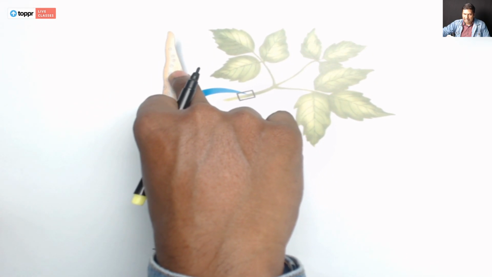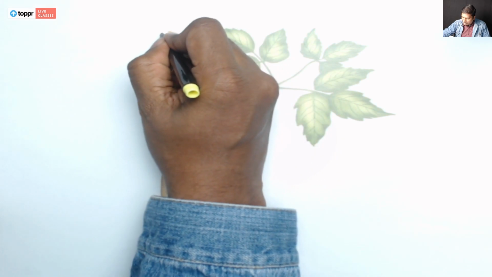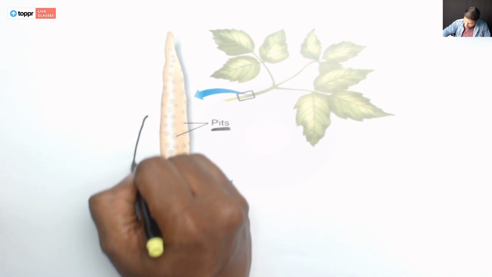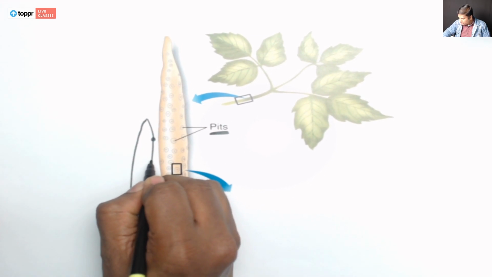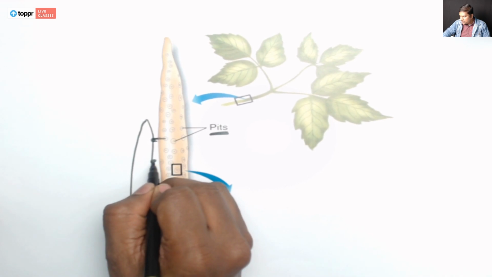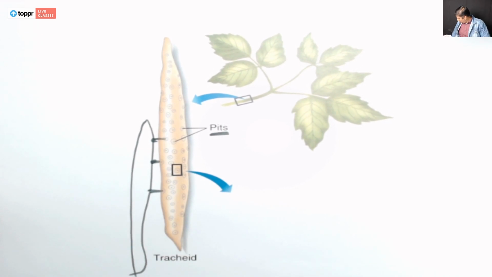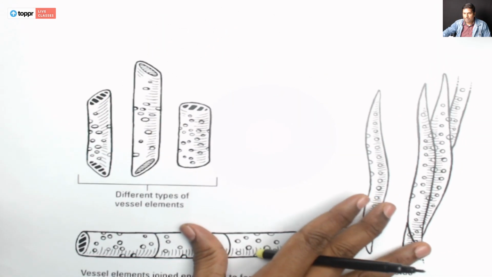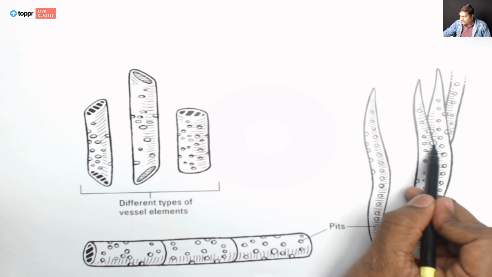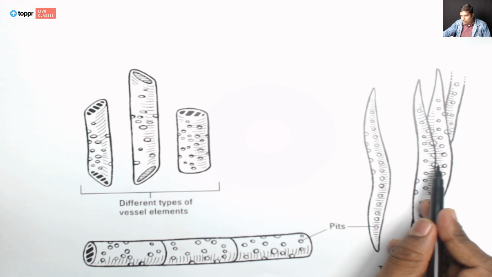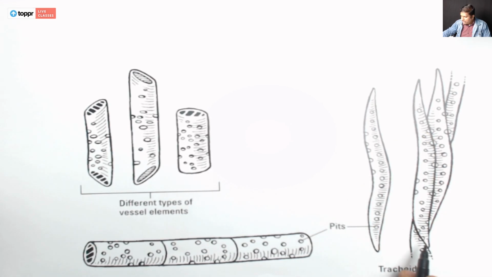There might be another tracheid right next to this, and it has pores, and through these pores there is a connection. Let me just show you. You can see how through the pores they are actually connected, and not just there, even towards the ends.